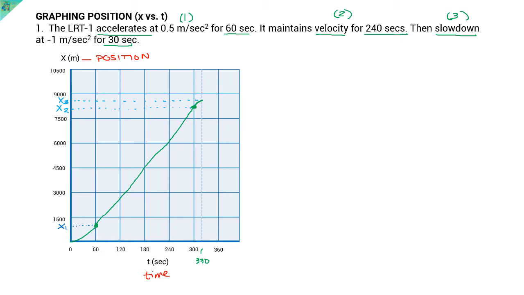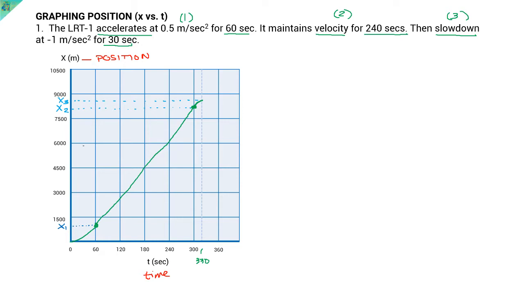Okay? So how do we interpret a position time graph? So we have to look at it in terms of its physical variables. First, the slope.